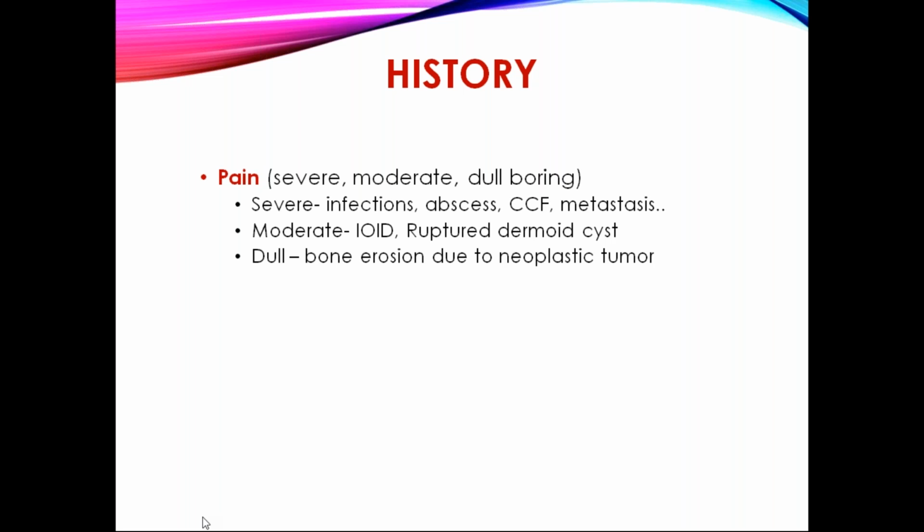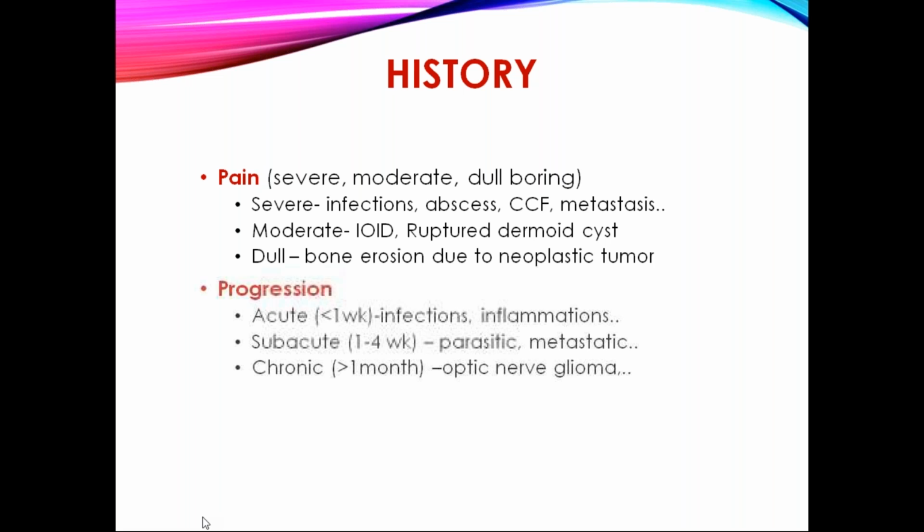And ruptured dermoid cyst, this could be a cause of moderate pain. And dull pain could be due to erosion of the bone due to neoplastic tumor. Over a period of time, a neoplastic tumor can erode the bone and give rise to dull aching pain. So pain is one important aspect which you have to take.